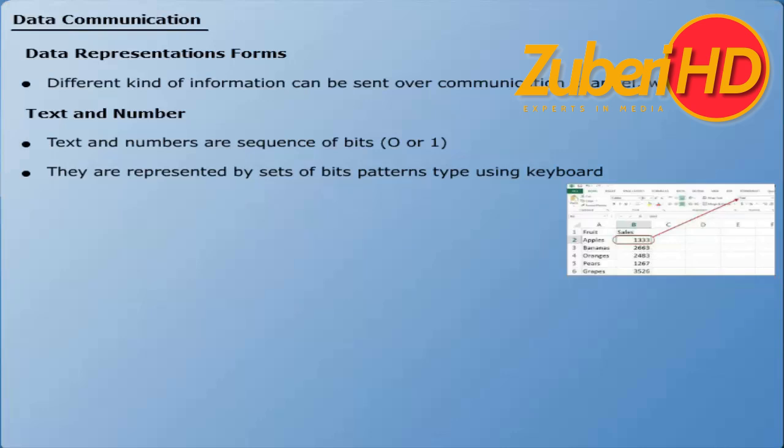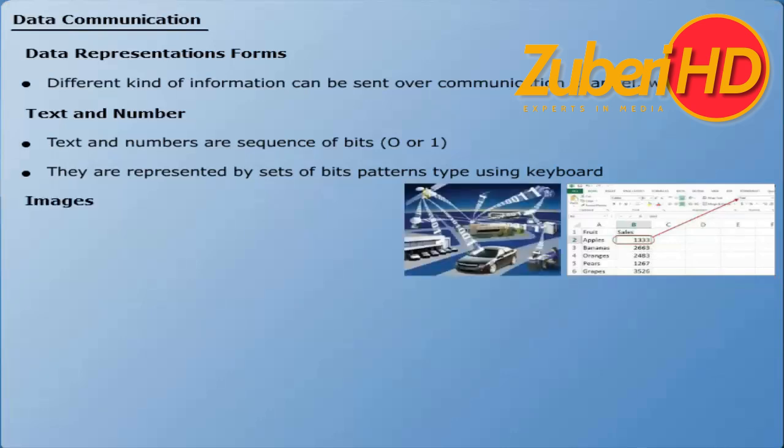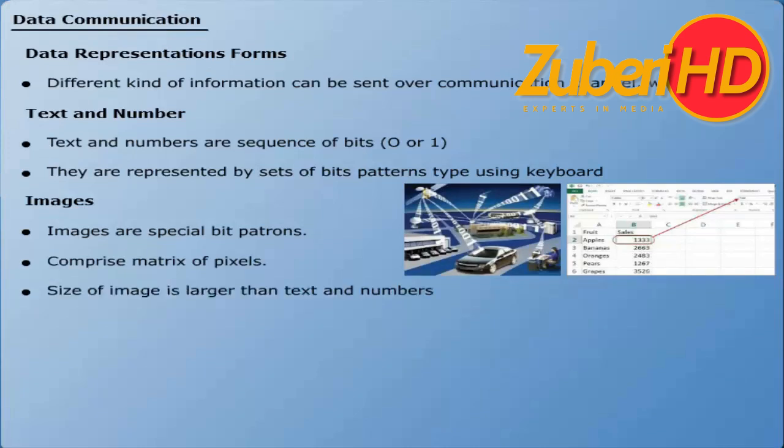Number 2. Images. Images are also characterized by special bit patterns. It is comprised of a matrix of pixels, picture elements. The size of image is larger than that of text and numbers. Therefore, data transmission speed is important for reliable and fast delivery of images.